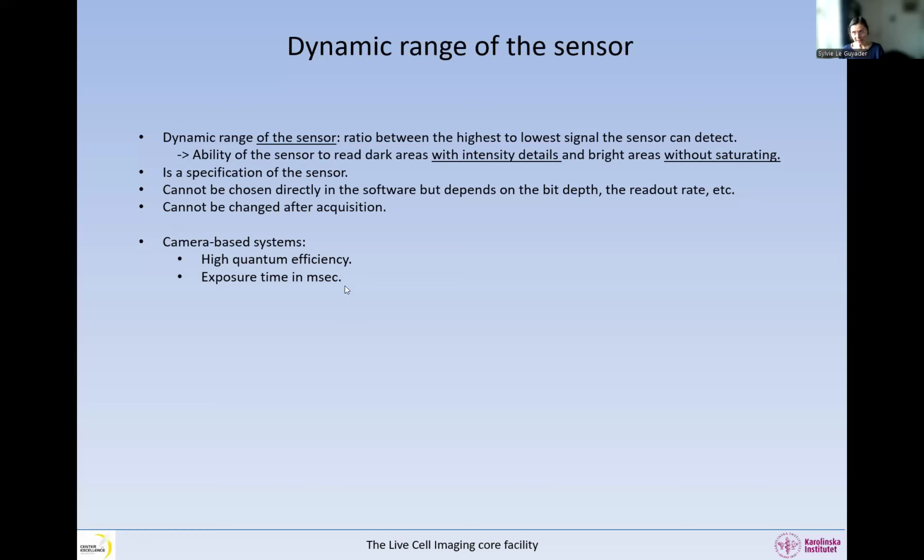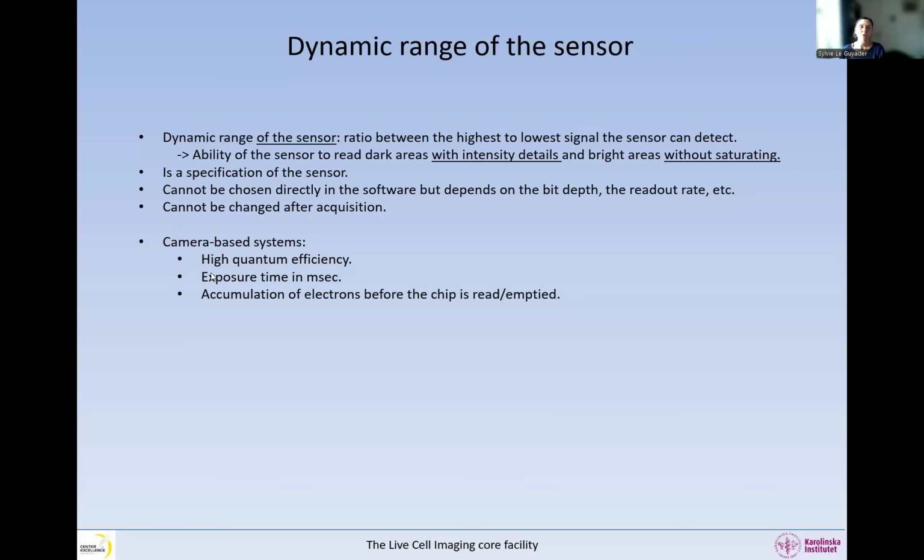So on camera-based systems, we have a very high quantum efficiency, and the exposure time is in milliseconds. And during these milliseconds, all the pixels are exposed to the light, right? So each pixel is exposed for milliseconds. This is very short as far as taking an image with millions of pixels is concerned, but for each pixel it is much, much longer than the time that each pixel on the point confocal is exposed.